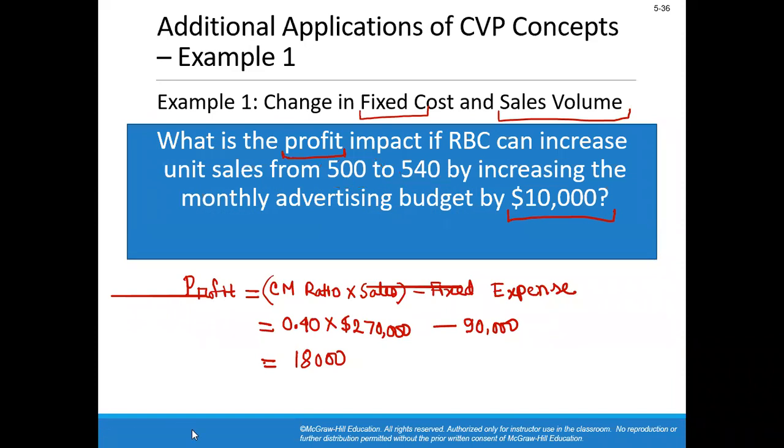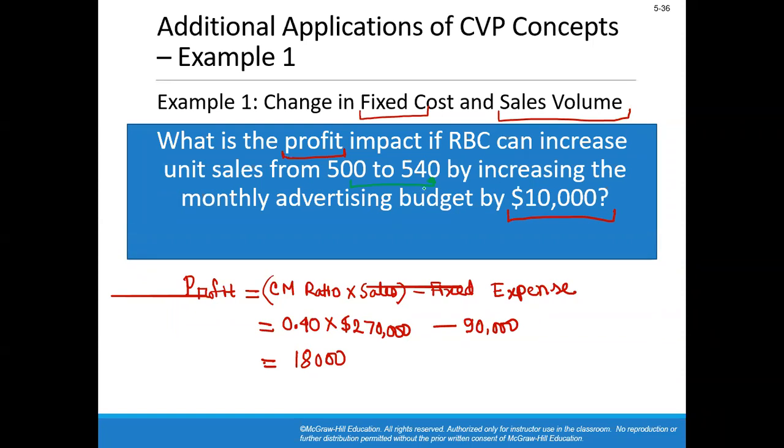But our monthly advertising budget is going up by 10,000. We cannot say whether it is a good thing or a bad thing unless we see the response of profit to the increase in the monthly advertising budget.